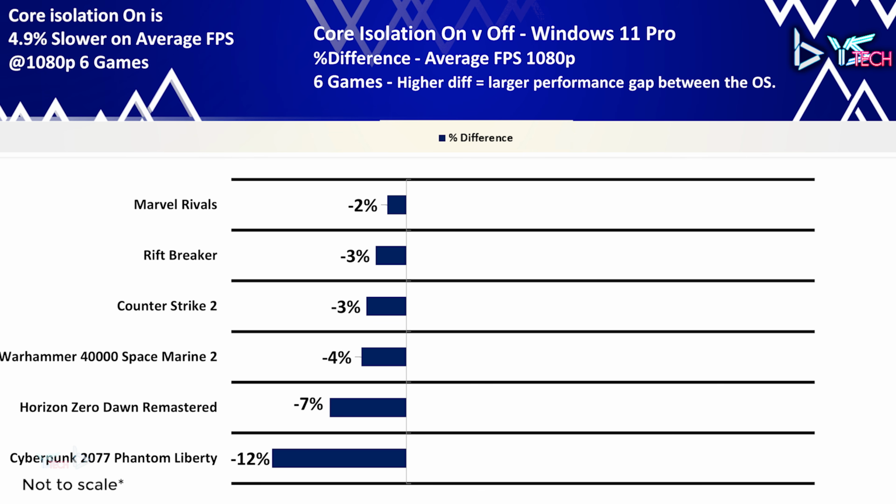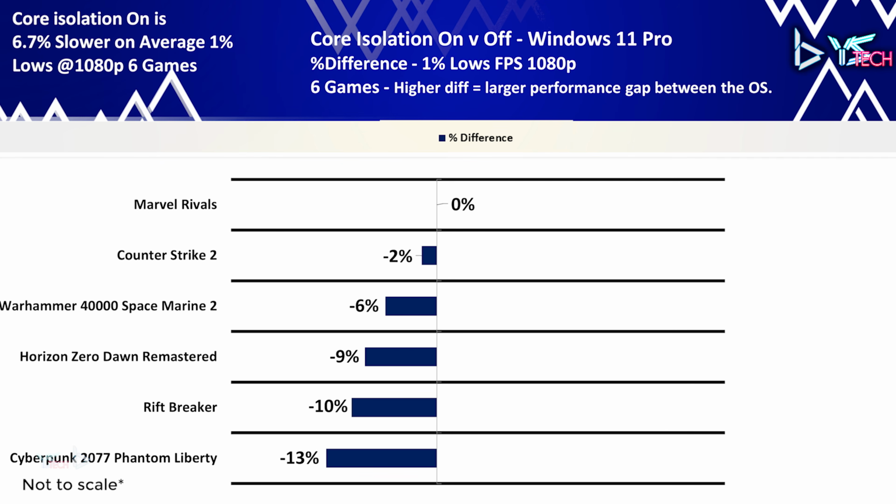When we head over to our 1% lows, we can see that core isolation being on resulted in slower performance of 6.7% on average 1% lows for these 6 games at 1080p. We can see Marvel Rivals didn't have a difference here. Cyberpunk 2077 Phantom Liberty had the biggest percentage difference at 13% in favor of it being off.